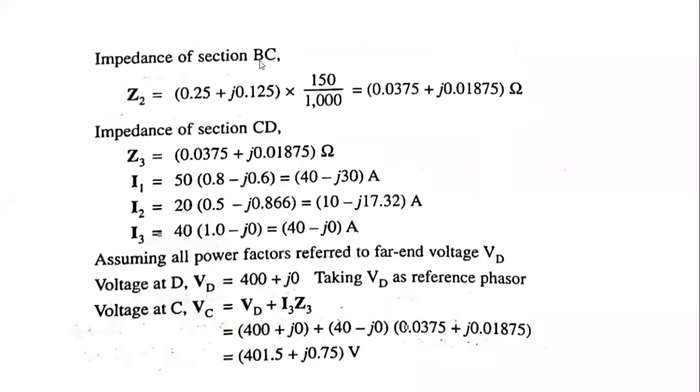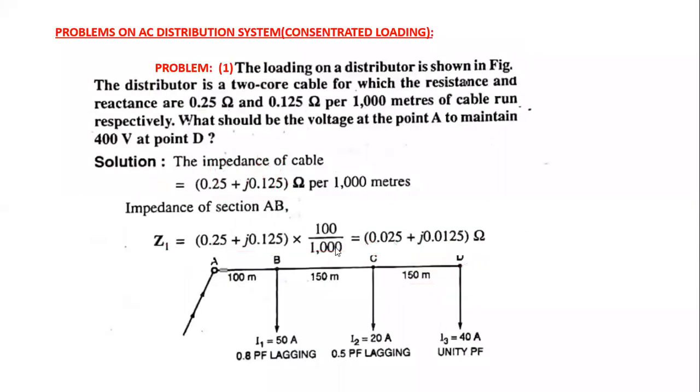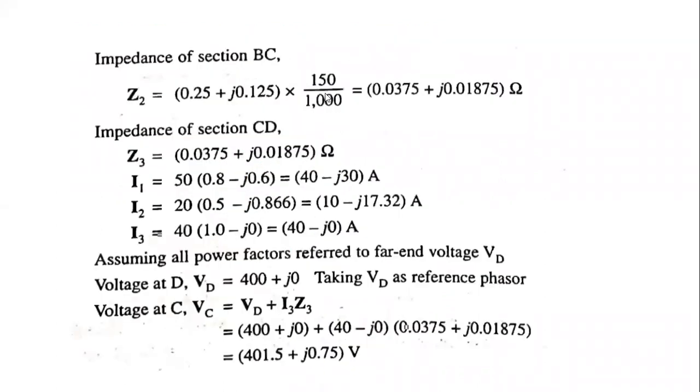The impedance of section BC, Z2 or ZBC, is R plus jX into the distance between B and C, which is 150 meters, divided by the total length, 1000. That is equal to 0.0375 plus j0.01875 ohms. This is the impedance at section BC.